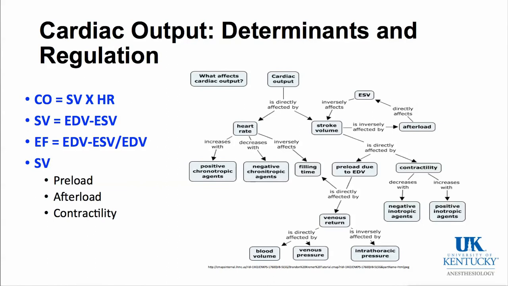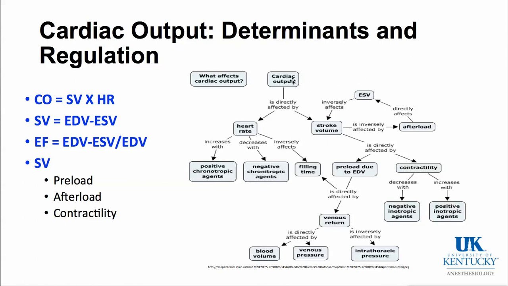Things that affect stroke volume: preload, afterload, and contractility. Increased preload increases stroke volume, increased afterload can decrease stroke volume, and increased contractility can increase stroke volume. Some graphic representations of control are shown at the right, and let's briefly go through those.